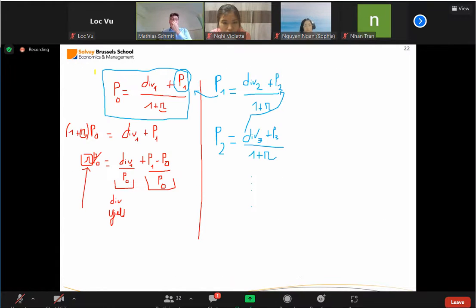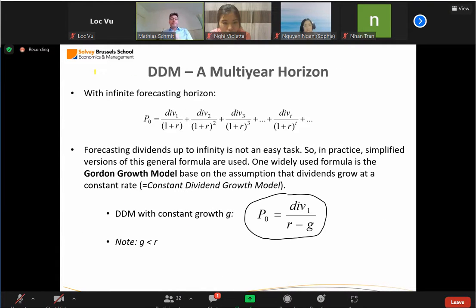Now, the problem is forecasting dividends up to the infinity is not an easy task. It's difficult, okay? So for the next year, it's okay. For the next 2 years, maybe, but after, extremely difficult.